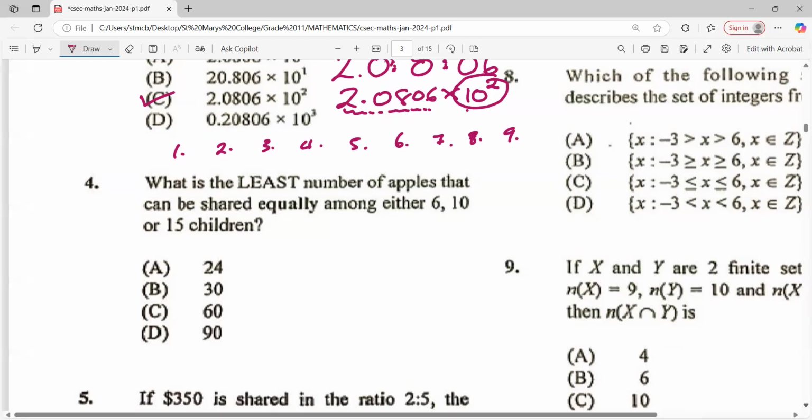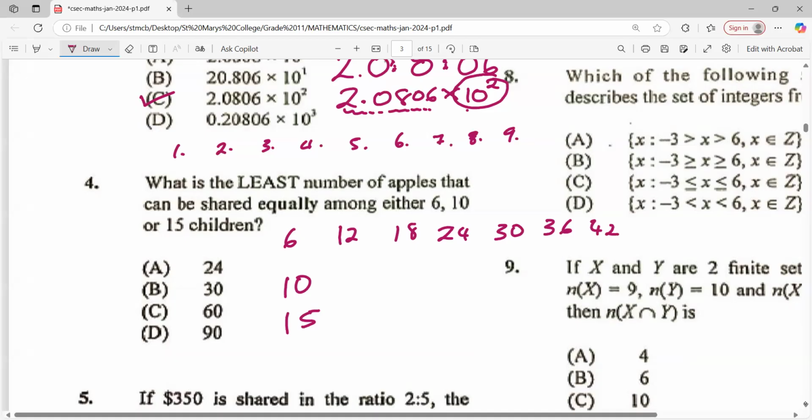Number 4 says, what is the least number of apples that can be shared equally among 6, 10 or 15 children? So what they want us to do is to find the least. So we can list the multiples of these numbers, right? 6 plus 6, that's 12. 12 plus 6, 18. 18 plus 6, 24.